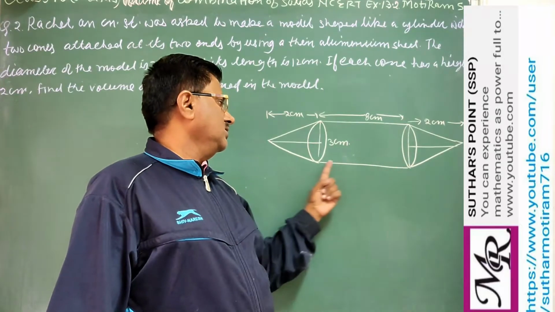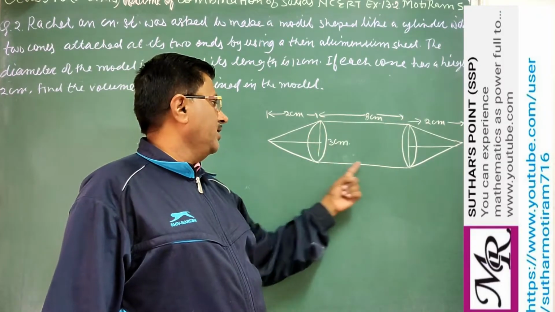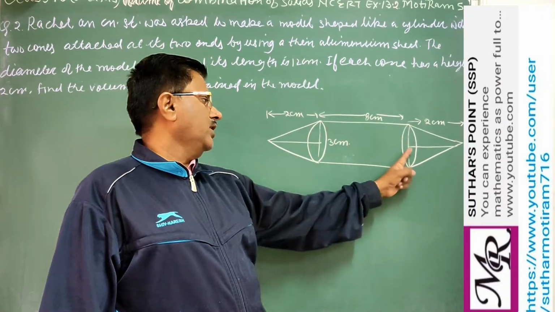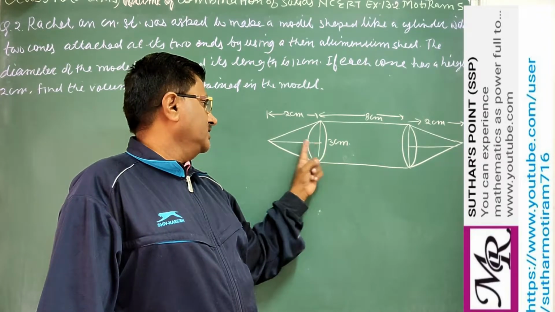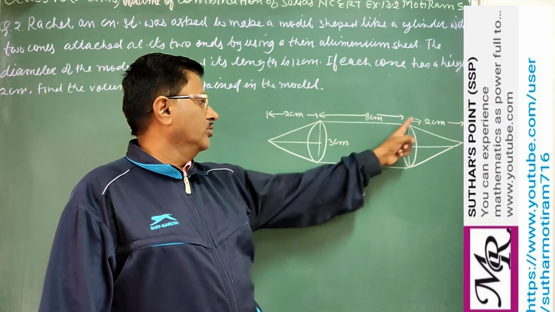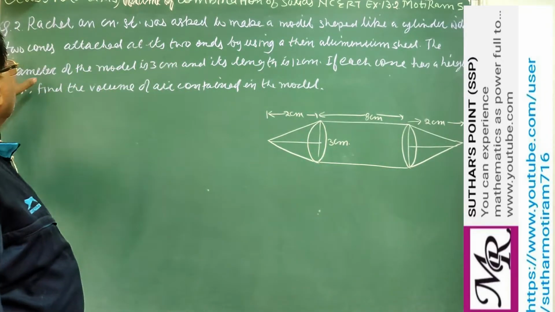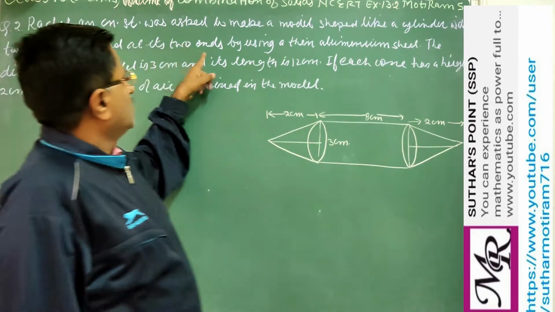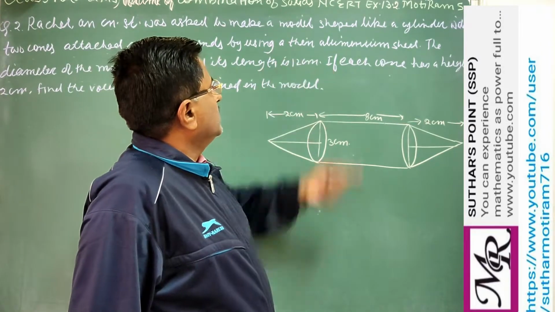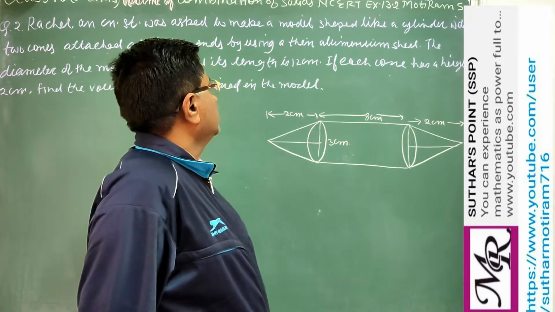Middle portion is in the form of a cylinder and its two ends are attached with two cones, each of the same size, using a thin aluminum sheet.